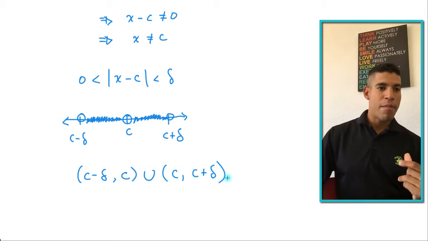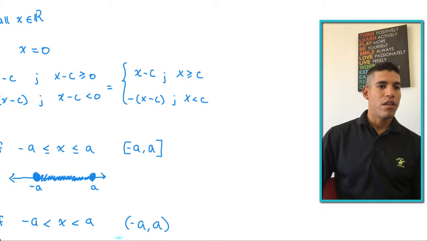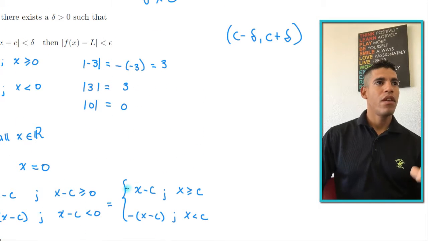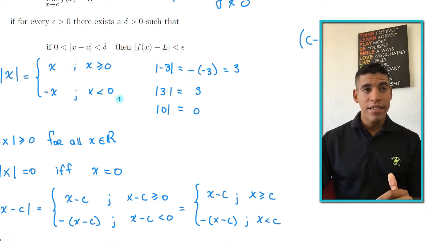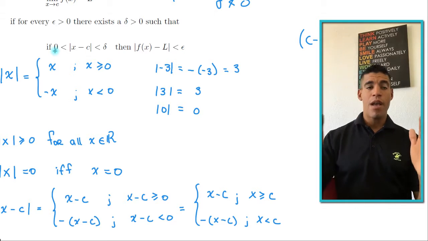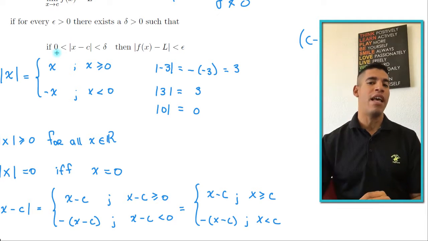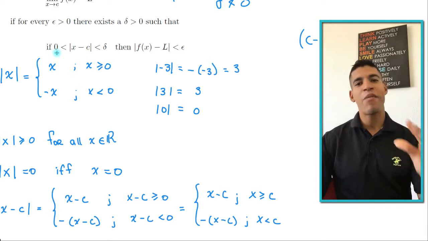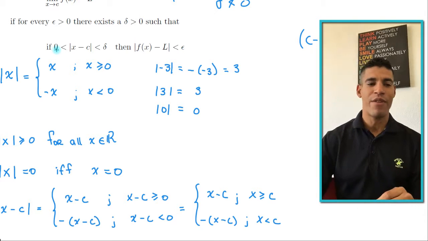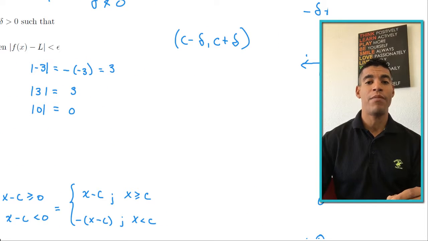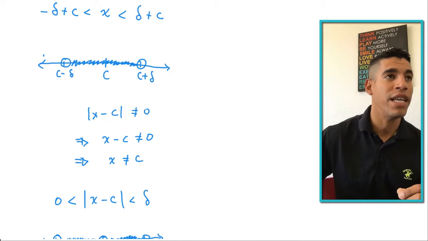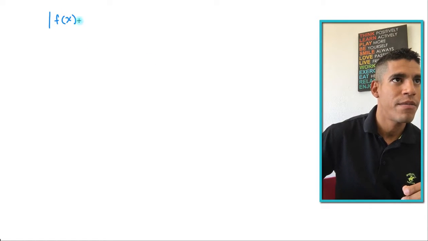Okay? Now let's go back to the definition. So if that condition applies, then the absolute value of f of x minus L is less than epsilon. Just like we did before, we're going to do the same thing for this one. So let's define what the absolute value of f of x minus L less than epsilon means.